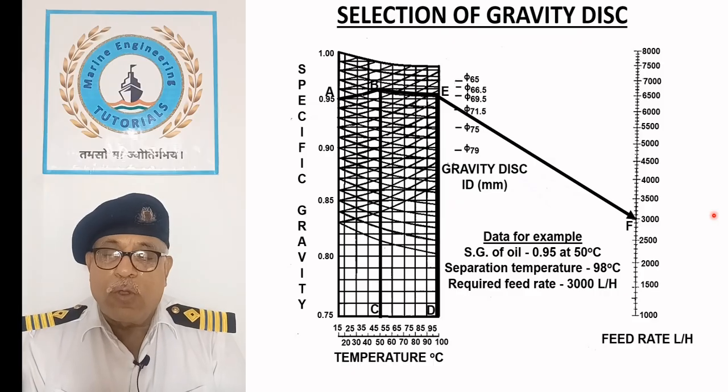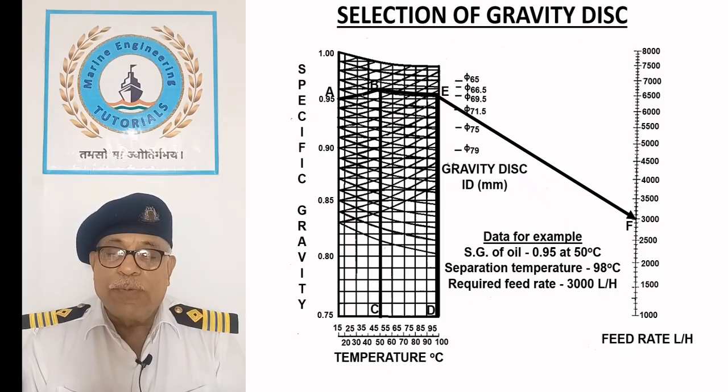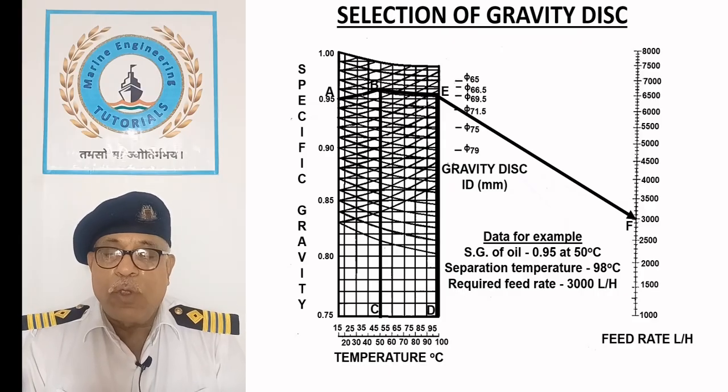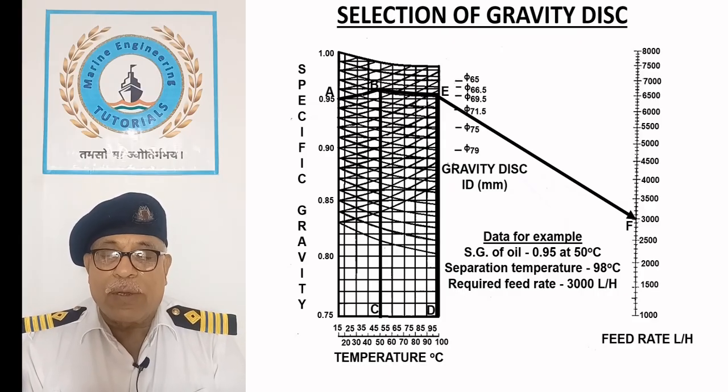As seen from the nomograph, an increase in the specific gravity of oil requires a reduction in gravity disk size. Increasing the specific gravity of the oil tends to push the oil-water interface outward, potentially causing overflow from the heavy phase outlet until equilibrium is reestablished.